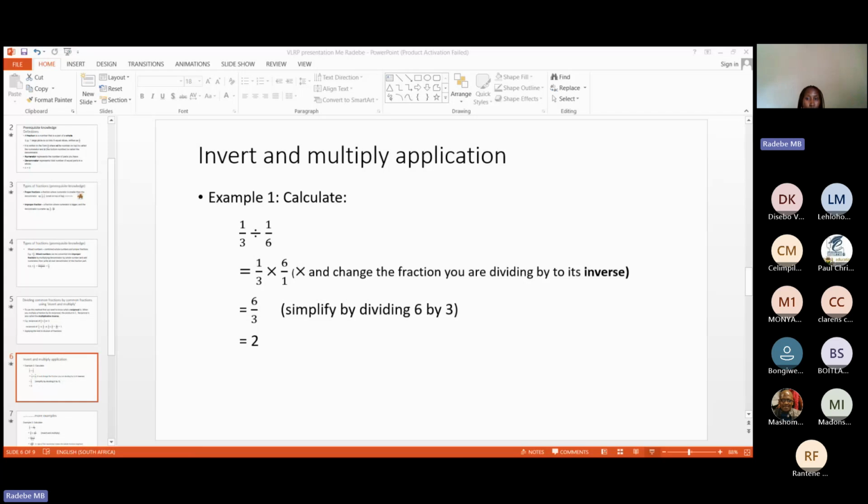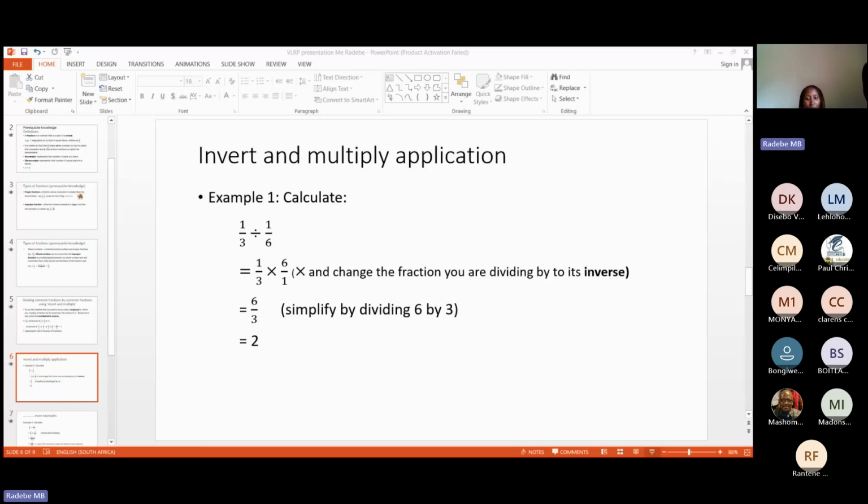Then the fraction that comes after the division sign, you find its reciprocal. You invert it. So here we've got 1/6, so the reciprocal thereof would be 6 out of 1.